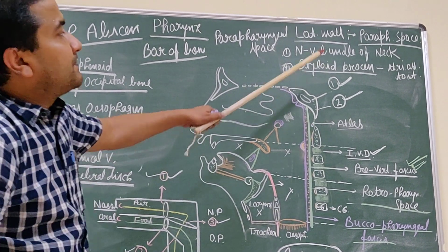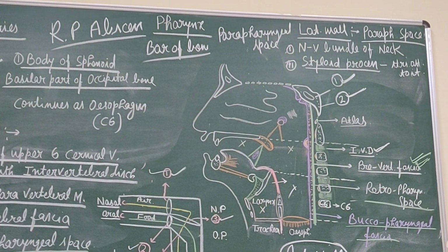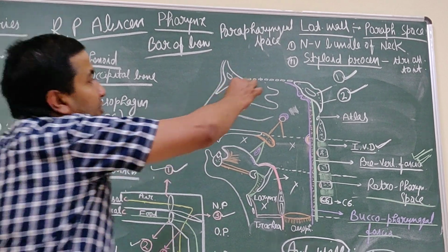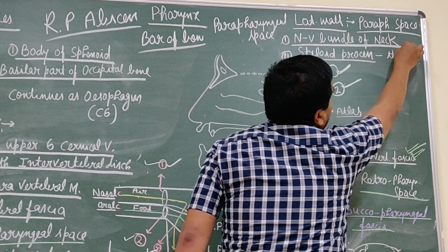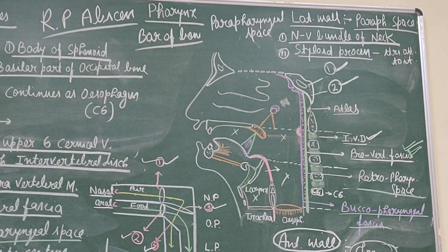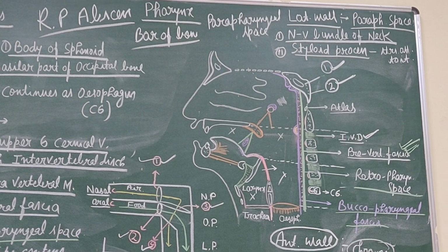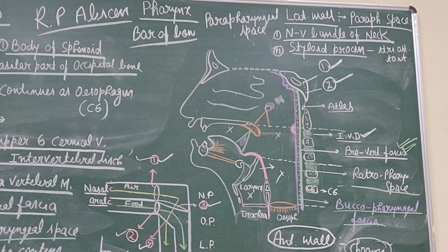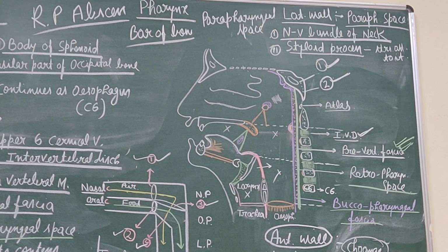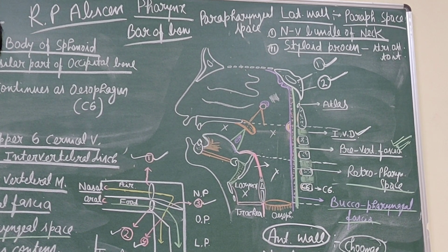This parapharyngeal space is related with the neurovascular bundle of the neck, that is the common carotid, external carotid, internal jugular vein, and the cranial nerves.